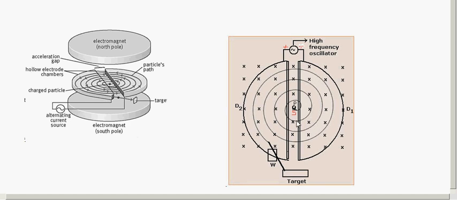When the velocity increases, the radius of the path will also increase. So the frequency has to be adjusted in such a way that when it reaches the edge of D2, the polarity has to change, and now D1 has to become negative and D2 becomes positive. When D1 becomes negative, this is a positive ion, it gets attracted towards the D1.